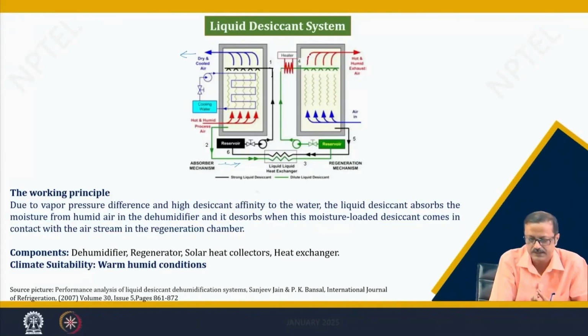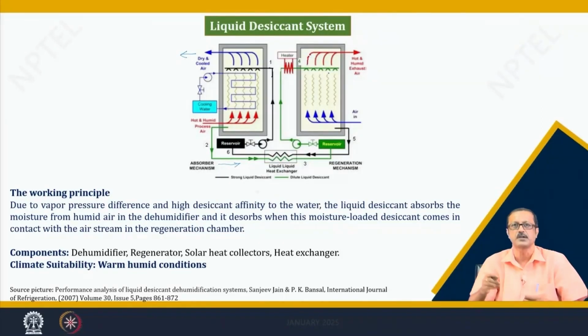This is going to be a heat exchanger, and again it will go to the second chamber, where cool air will come in and hot air will come out, and from there it will again release the moisture, and then again it can be used for the second cycle of operation.